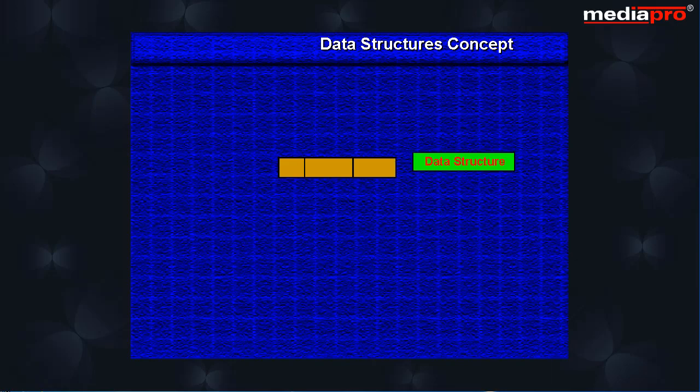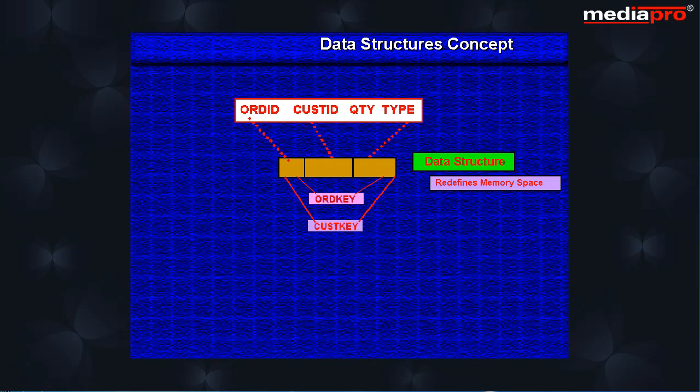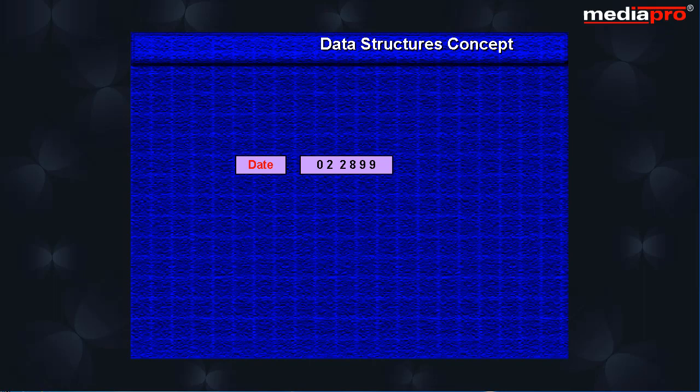Data structures allow the RPG program to redefine a portion of the program's memory space. Suppose you have a date field in your program. If you want to access the month, day, and year as separate values, you will have to extract the three portions of the date field into three other fields that will be stored in three separate memory locations.